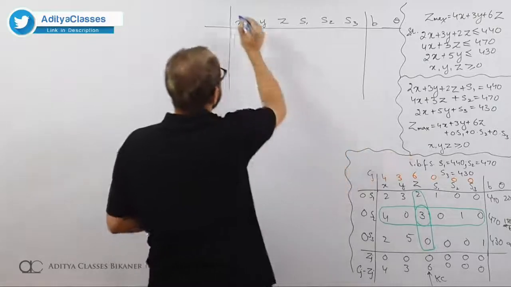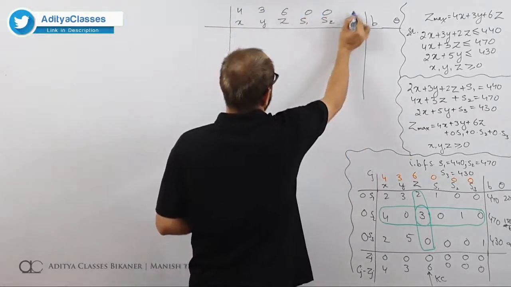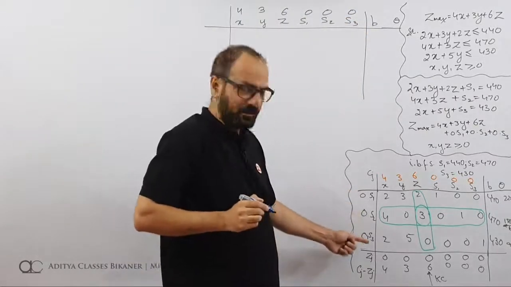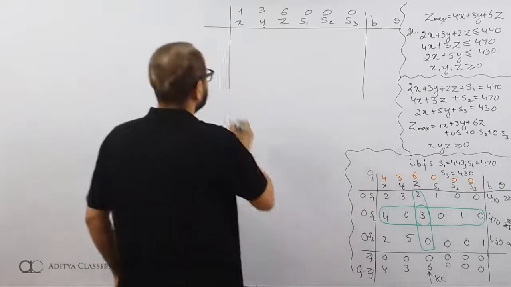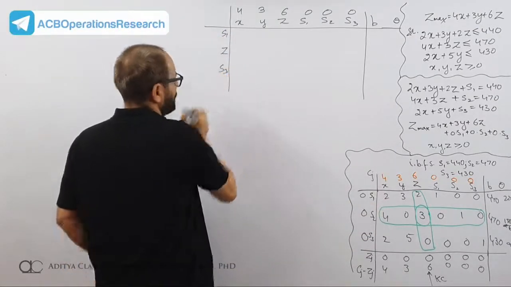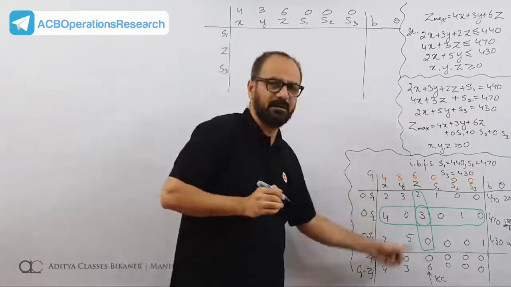Contributions are 0, 6, 0, 0, 0. S1 and S3 are still intact, but S2 has been replaced now by our incoming variable, the key column variable Z.